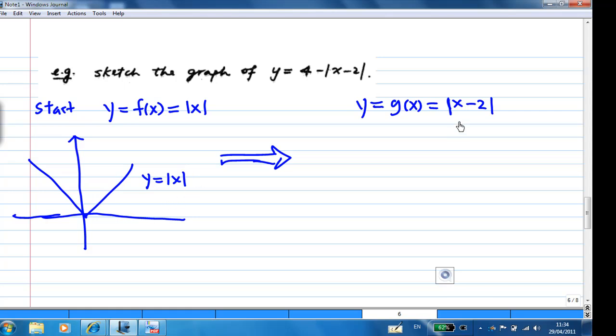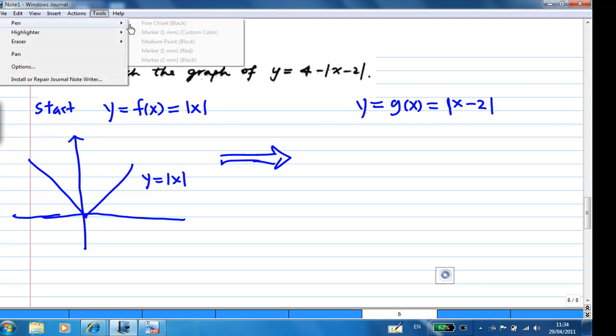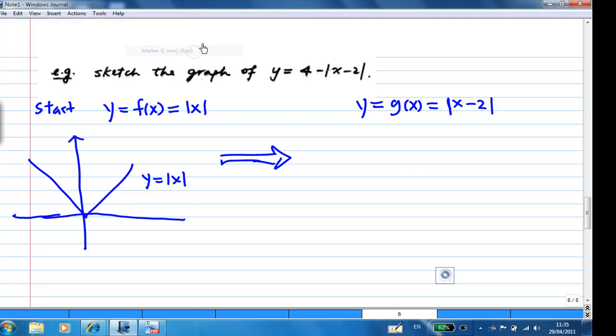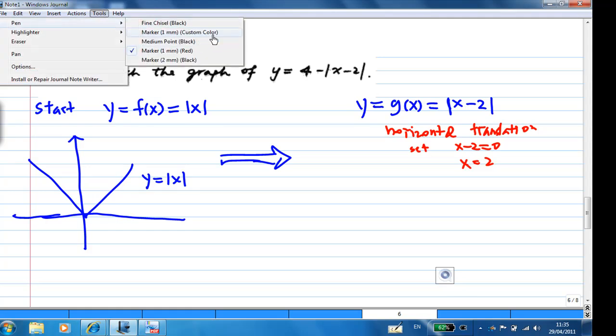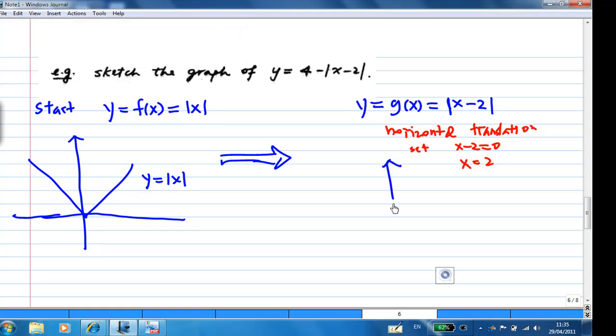How do you do this? This is done by a horizontal translation. So what do you translate to? You set x minus 2 equal to 0, you get x equal to 2. So you move to the right, since this number is positive.